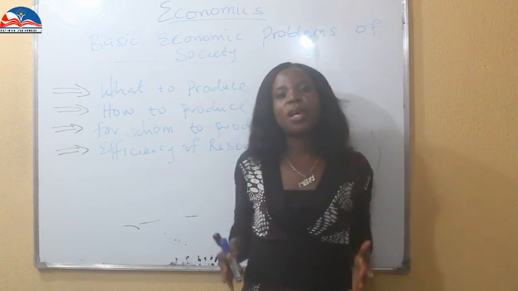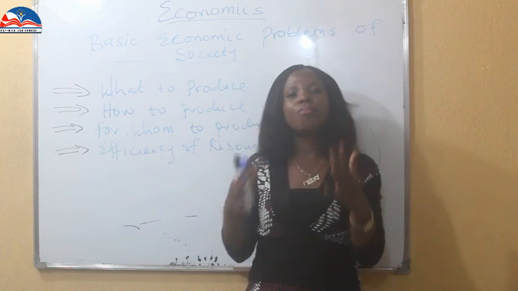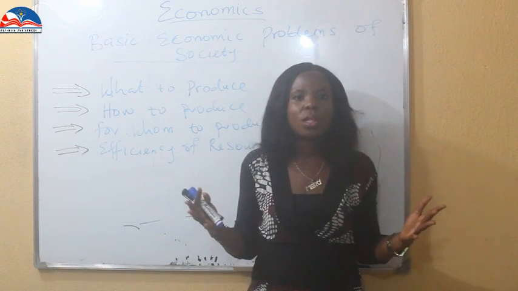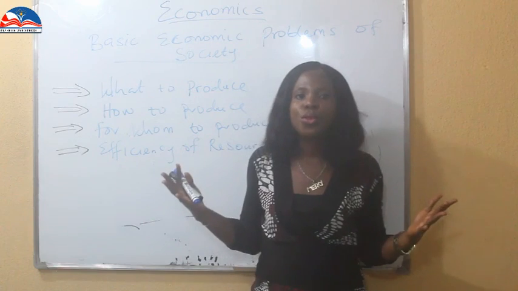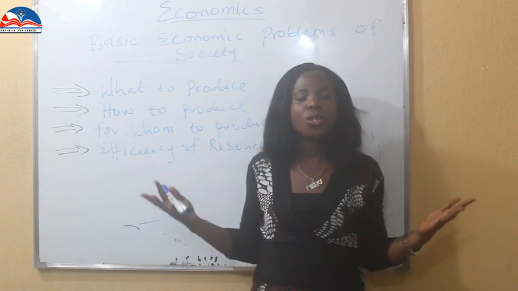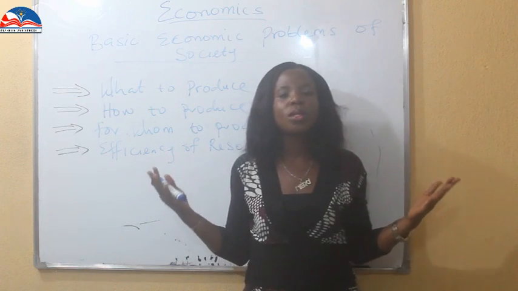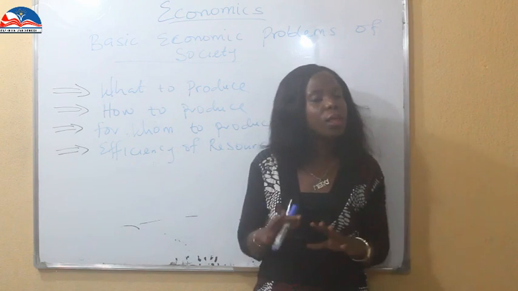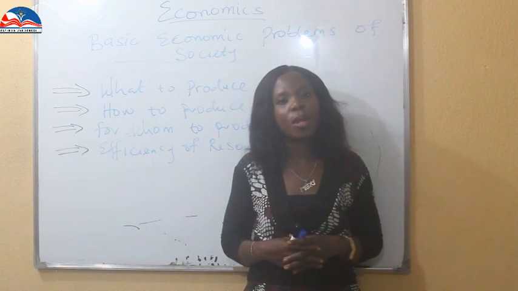And so the producer, the manufacturer, those in business are faced with a number of situations. How are we going to produce this product? Whom are we going to produce for? What are the resources that we need to produce these goods? How can we meet the taste of our customers? That is just a basic economic problem.